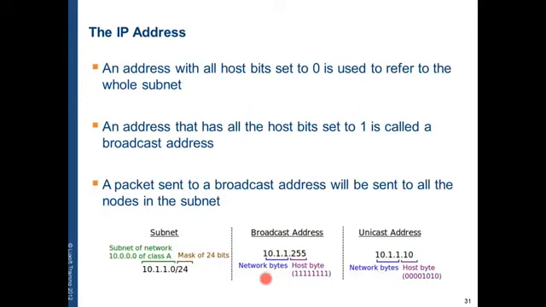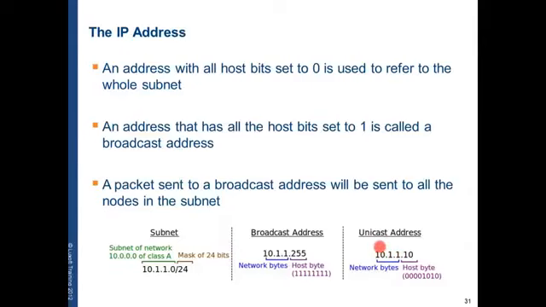So an IP broadcast address is used to refer to all the nodes in the network, and a packet sent to this IP will be replicated to everybody from that subnet. A normal unicast address is this one here, 10.1.1.10, from the same subnet. It refers to the 10th host from subnet 10.1.1.1.